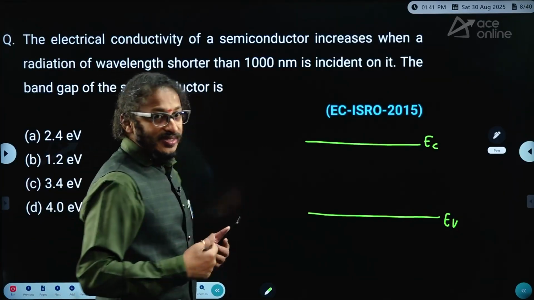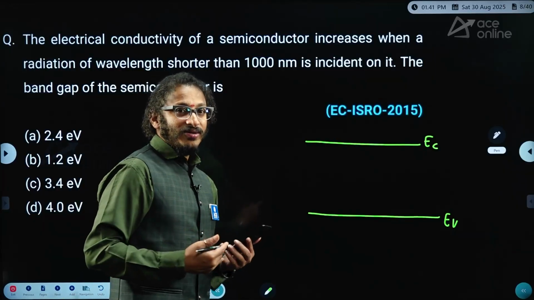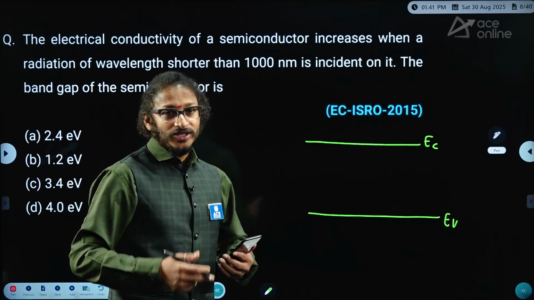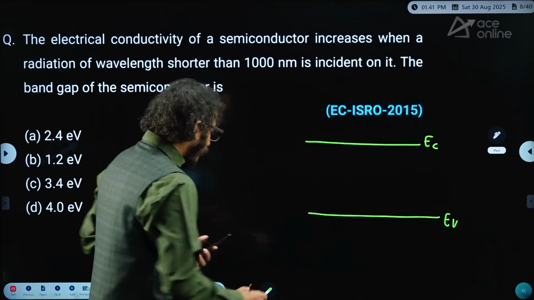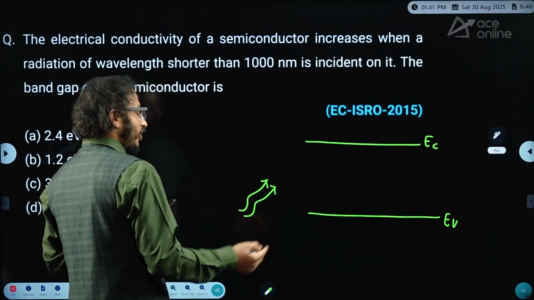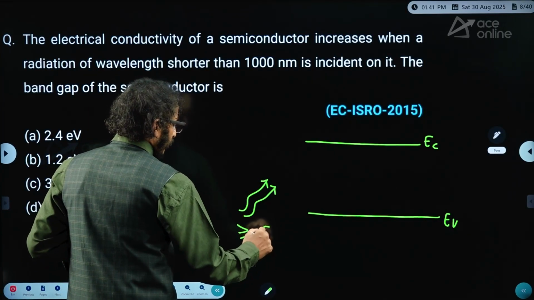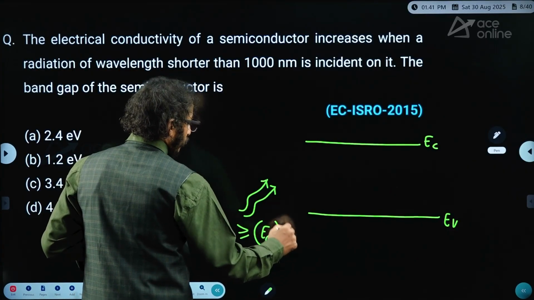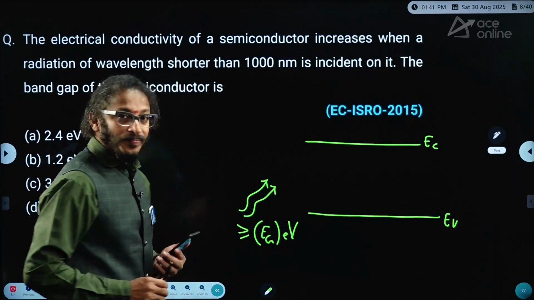Whenever I want to increase the current, I need free electrons in the conduction band and holes in the valence band. True or not? For that purpose, I must give some external energy greater than or equal to at least the energy gap, of course in electron volts.